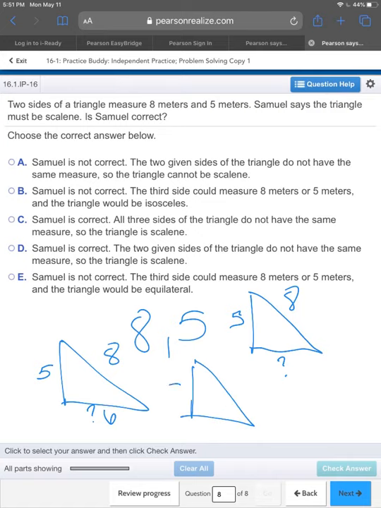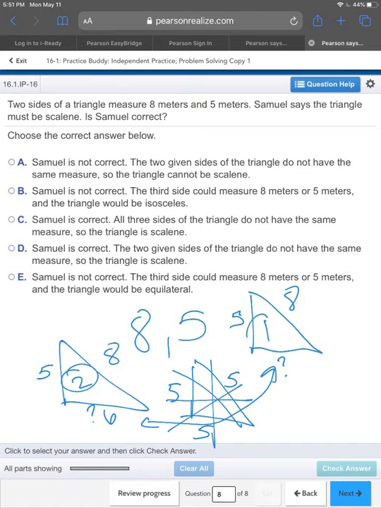If this is 5 and this is 5, could this all be 5? Probably not, so this one won't really work. So how could I describe these two triangles, triangle number 1 and triangle number 2, as part of your choices?